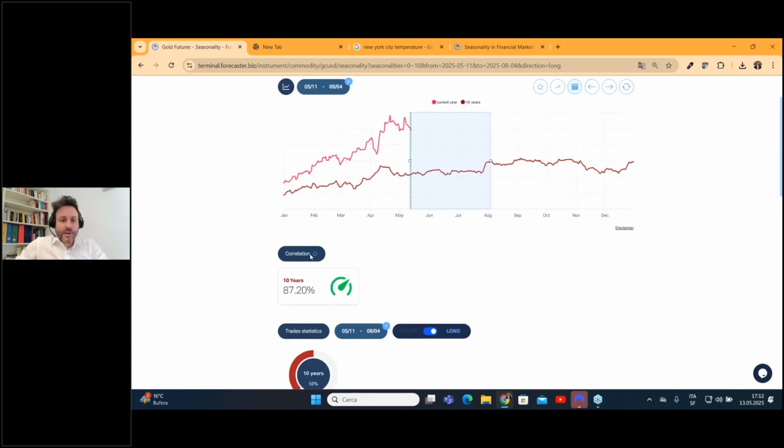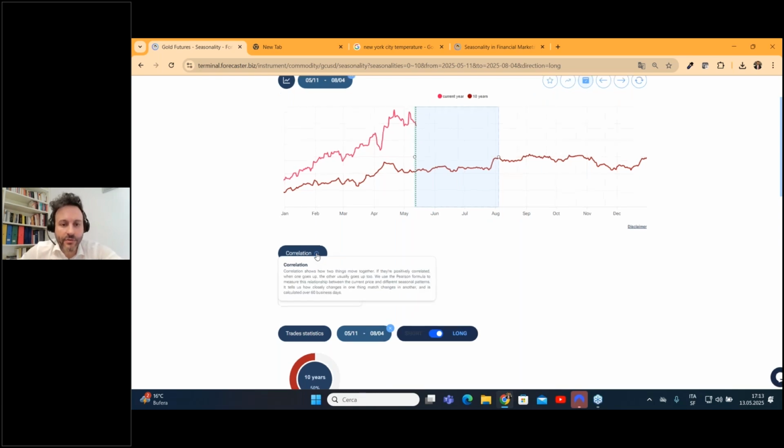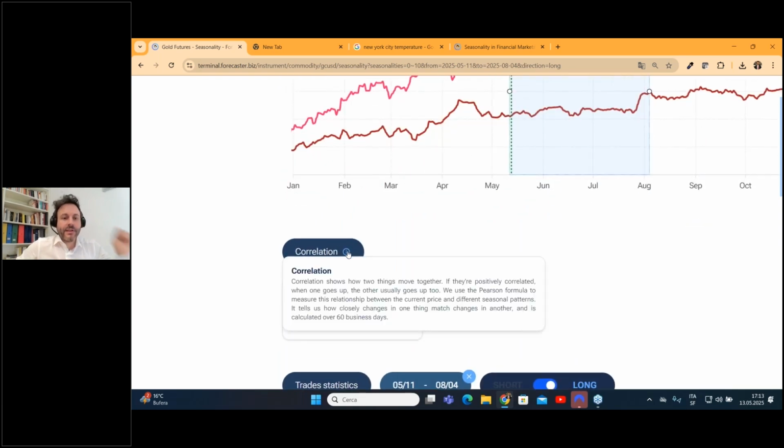Here in the seasonality, we also have the correlation, okay? This is a very interesting data because thanks to the Pearson formula, we calculate how the current year is moving compared to the seasonality, okay? As always, everything is explained here. Every time you find an info box, if you click, you find a complete explanation, okay?